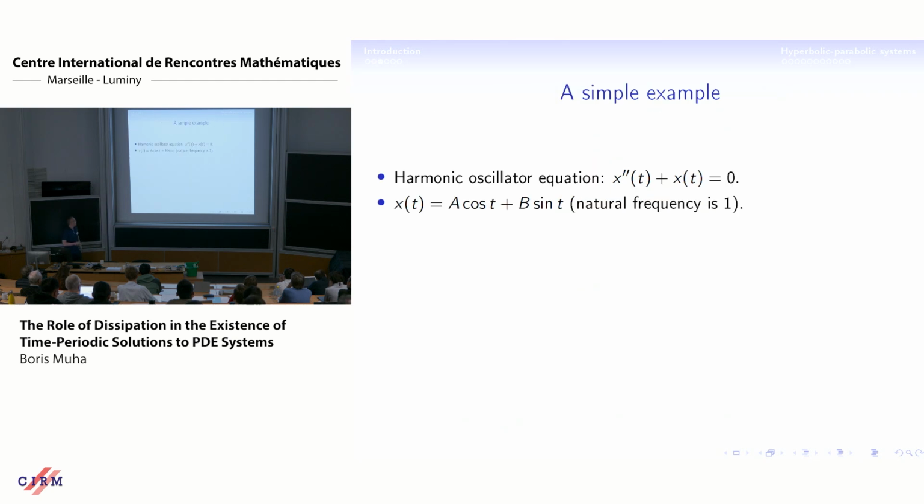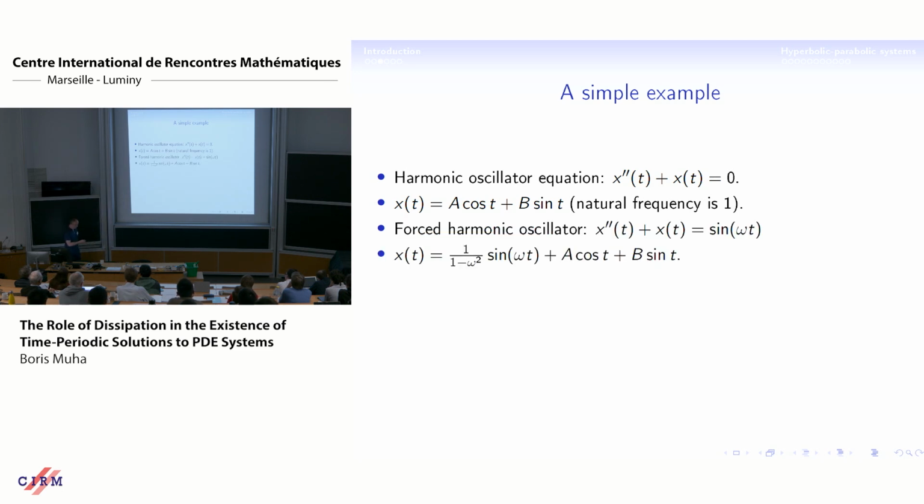Okay, and let me proceed with another simple example when there is no periodic solution. So let's consider just a harmonic oscillator. And we know what the general solution is. We say that the natural frequency is 1, because if you don't force it, it oscillates with frequency 1. And if you add some forcing, you have this explicit solution.